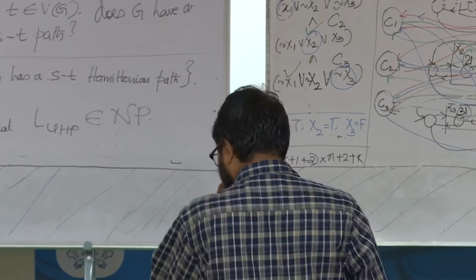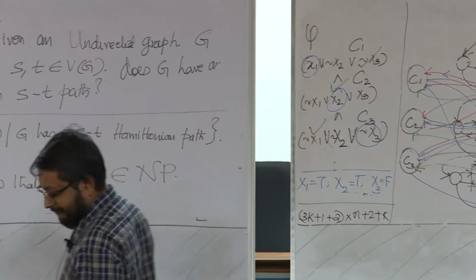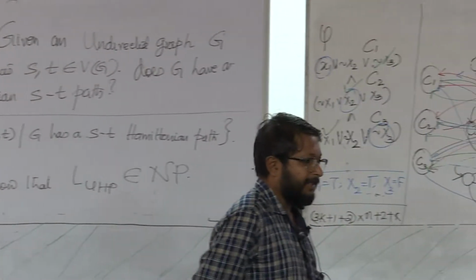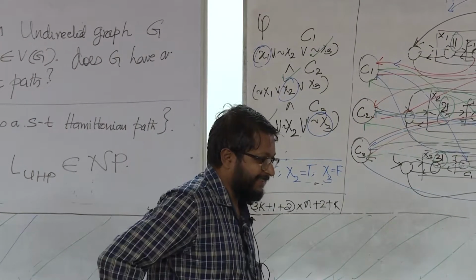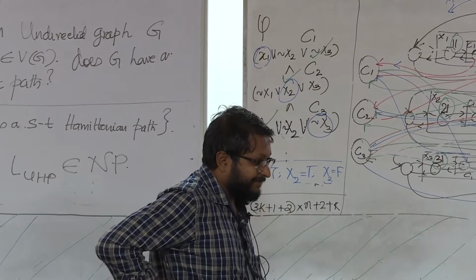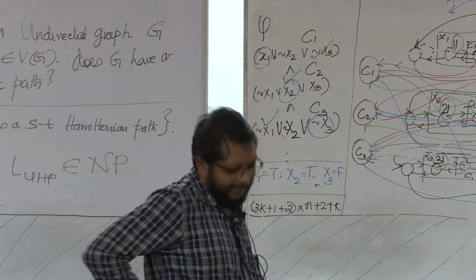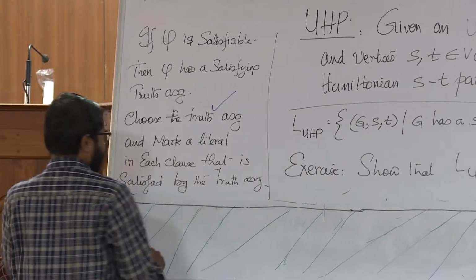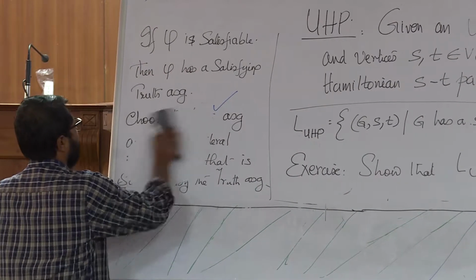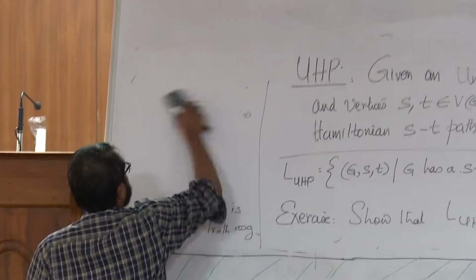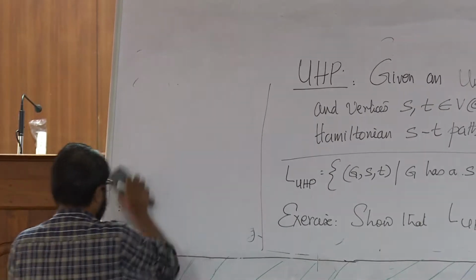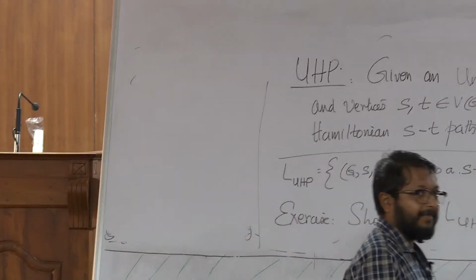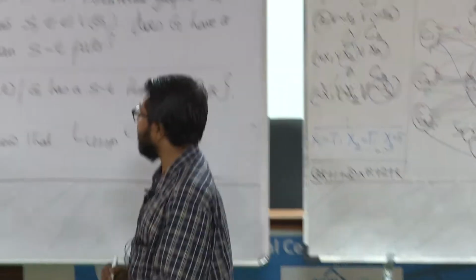You cannot go back and forth. No, there are undirected edges. That's why they have both senses, like going forward and going backward. Yeah. So the idea is for each vertex in the original graph.